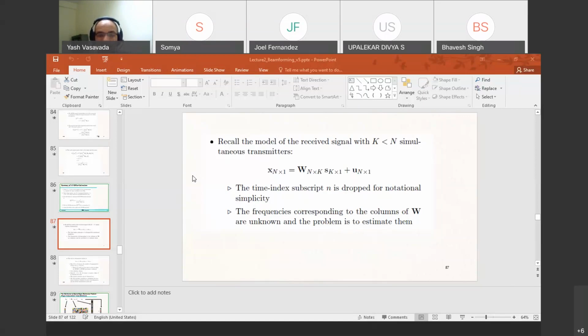Essentially, you're going to get a nice spike at the location of the incoming signal frequency. And we saw visually last time that the MUSIC algorithm's performance is a pretty dramatic improvement over the estimated power spectral density. So that was one algorithm that we have looked at.